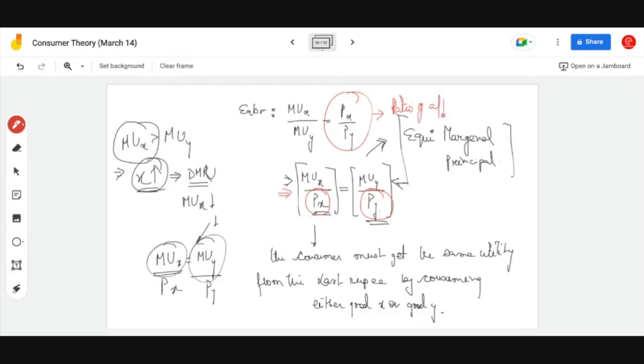This talks about the ratio of what? Changing utility. That's why we say that at equilibrium point, this must be the same.